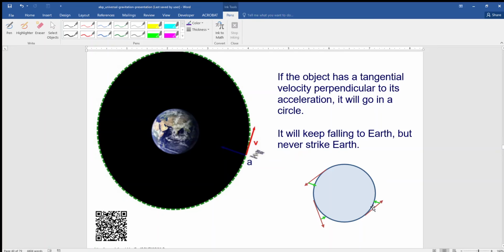Because it is traveling in a straight line, it will never fall back to Earth. The only circumstance is if something were to malfunction and that velocity would cease to exist. And then at that point, the gravity of the Earth would take over.